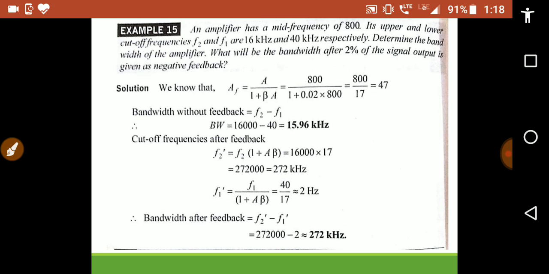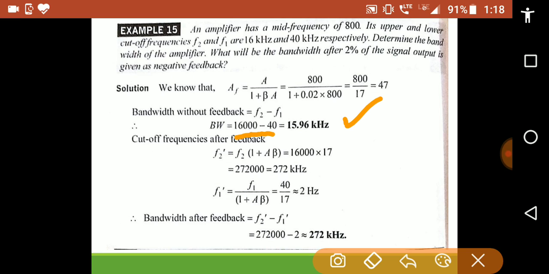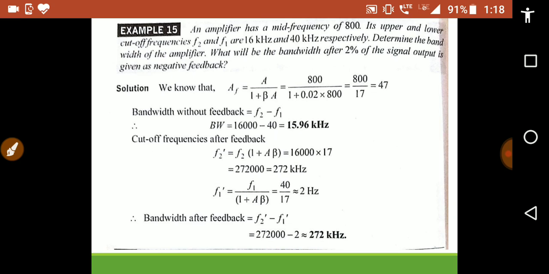So bandwidth equals 16,000 minus 40, equal to 15.96 kilohertz. So this is the bandwidth. Now the cutoff frequencies after feedback.